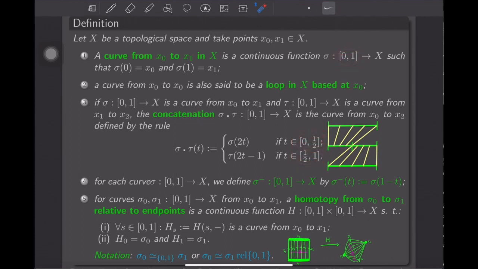Not sigma and tau, but rather these two formulas coincide in the points of intersection of the two pieces of definition, and that guarantees that this formula really produces a continuous function from the whole interval to X. Okay, so that's the concatenation. If you think about it, I'm really doing the obvious thing.